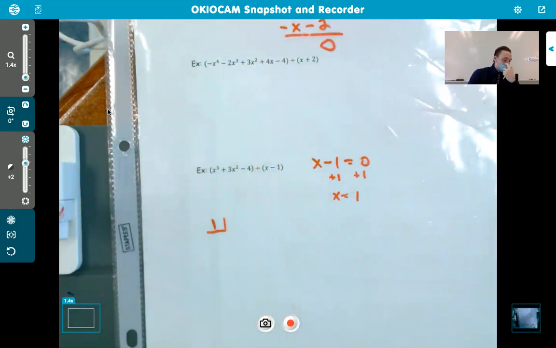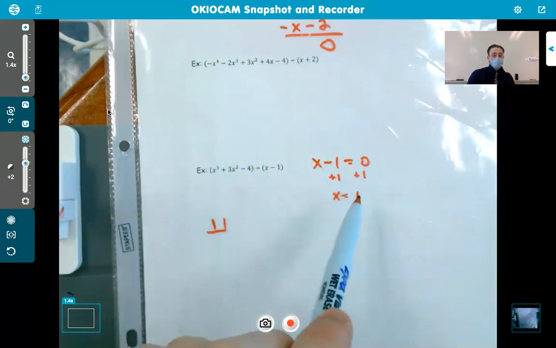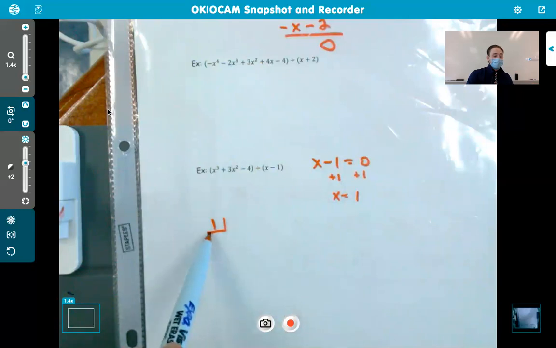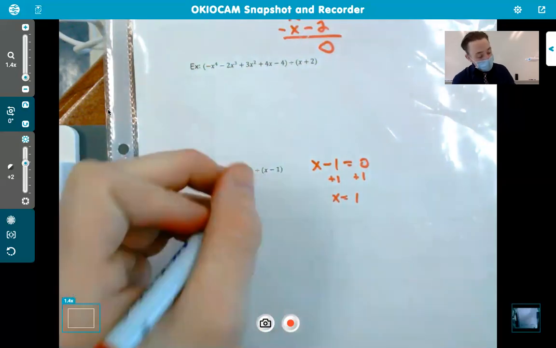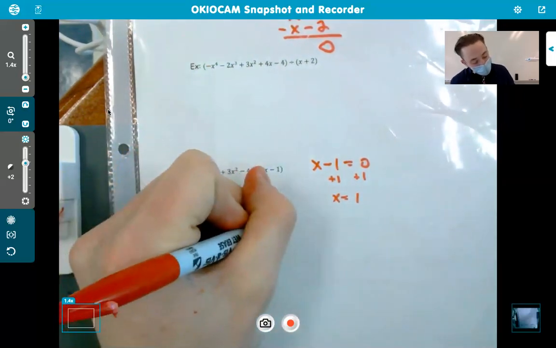Give everybody a chance to catch up here. Any questions up until this point? Everybody with me so far? So you just take the binomial, set it equal to 0, put that number in the box here. What do I have to write across the top here? Okay. Close. So yes, we have to write 1, 3.